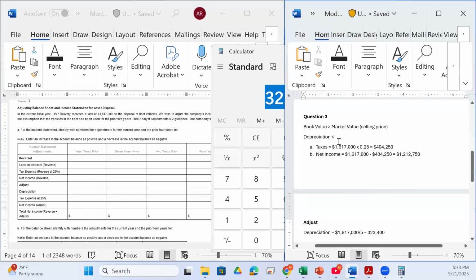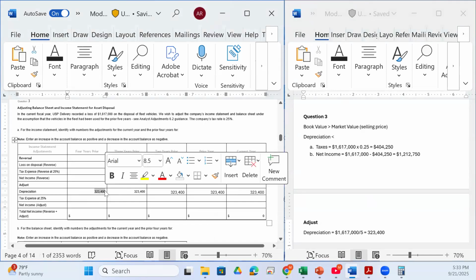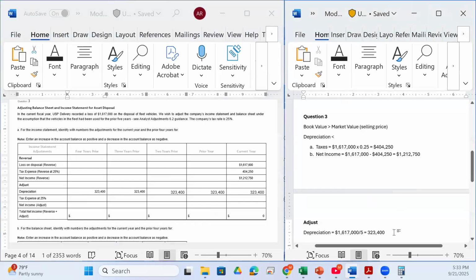So our depreciation was lower than it should have been. So we have to add the depreciation. That is why it is a positive. So this will happen in each year. Okay. Now, because we are increasing depreciation, our expenses are increasing. When expenses increase, your pre-tax income decreases.